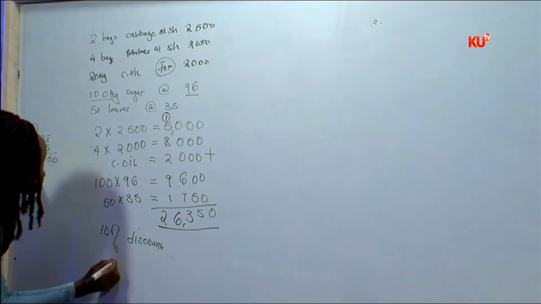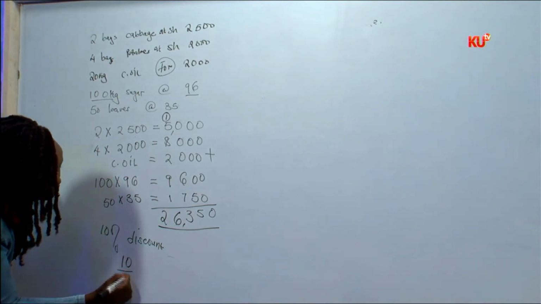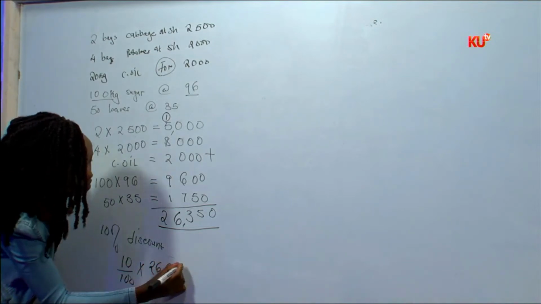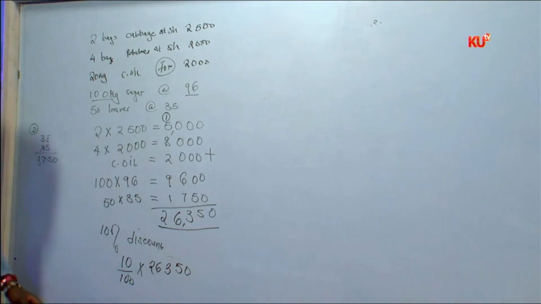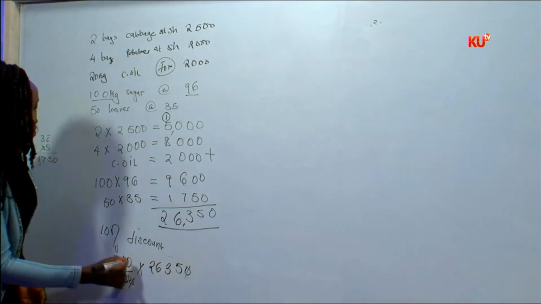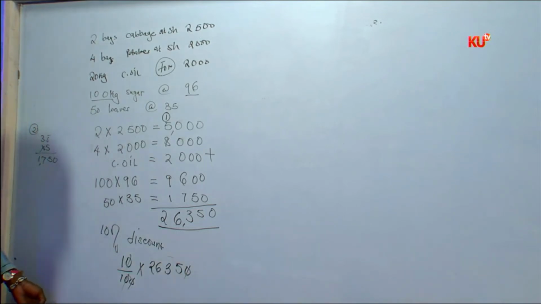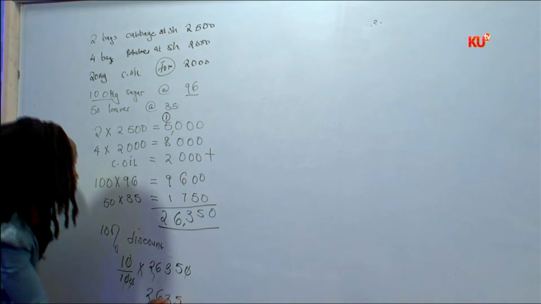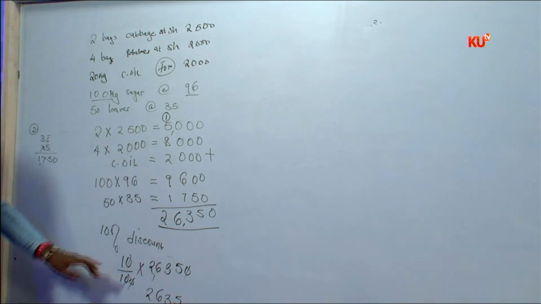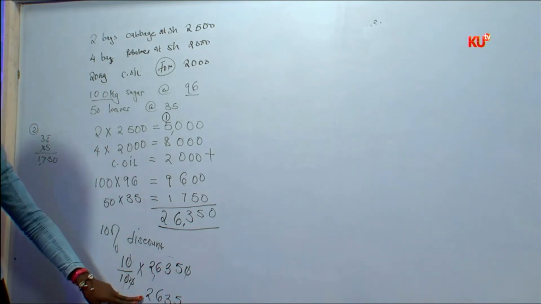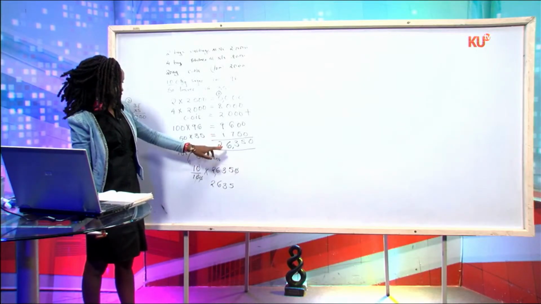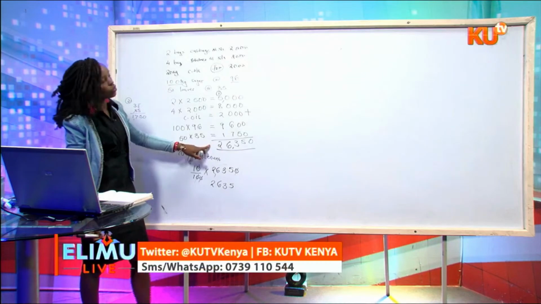The discount was 10%, so it is 10 over 100 times 26,350. So he was given a discount of 2,635 shillings. So if this was the discount, it means that it was subtracted from the total amount that he was supposed to pay.